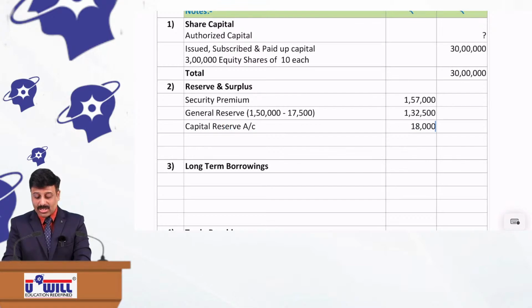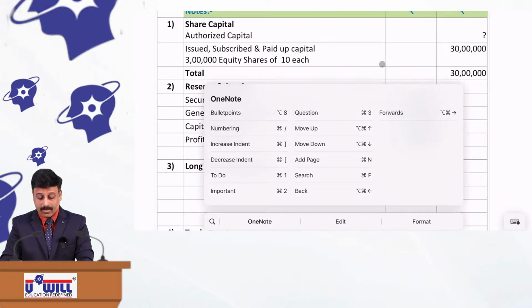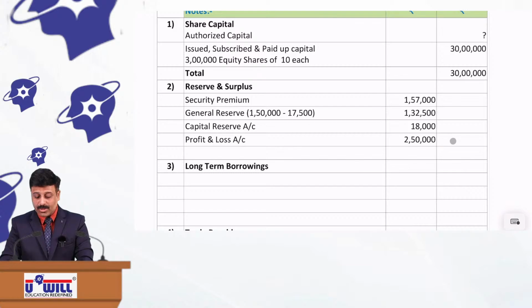And then profit and loss account 2,50,000. And in the outer column, the total will come to how much? In fact, all these can be recorded in the outer column rather. Only if any adjustment is there, then we write it in the inner column. It's okay. Total will come to 1 lakh, 2 lakh, 4 lakhs, 4 lakh 50, 4 lakh 80, 5 lakh 40, 5 lakh 57.